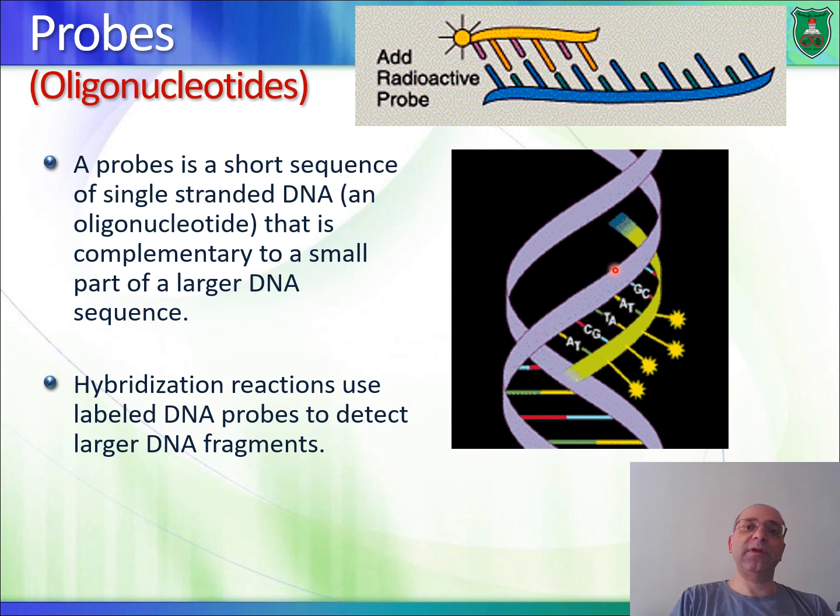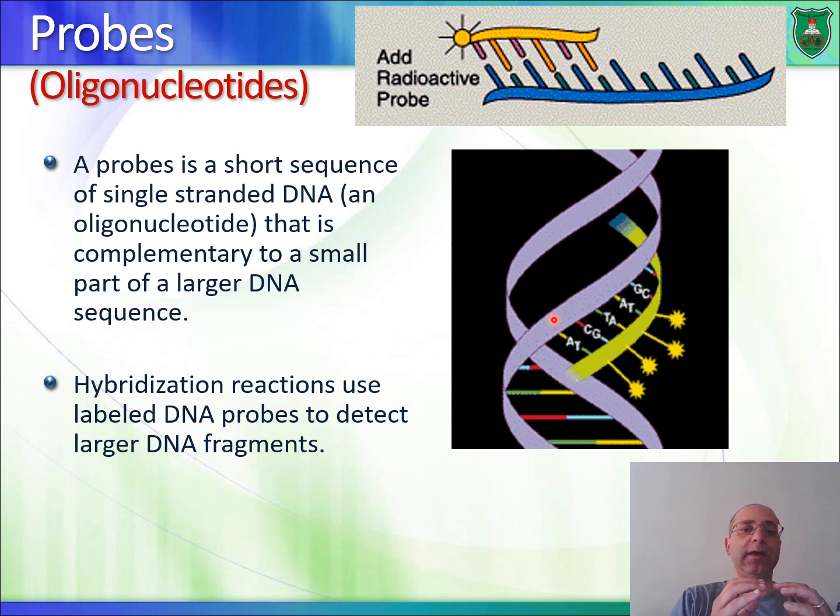And remember that hydrogen bonding is non-covalent, so it's reversible. So sometimes, yes, you can have hydrogen bonding between two molecules, but it's reversible. So if you add a probe, there would be competition between the probe and the DNA template.